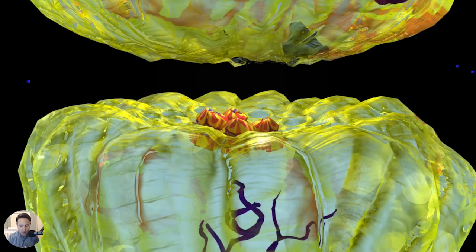Okay, so this is how we're going to do this. I have some screenshots taken from a video that we'll watch in a second from the YouTube channel Drugs in Motion, and it's a great visualization of what's actually happening in the brain on a cellular level. I'm going to first break down the video using screenshots.